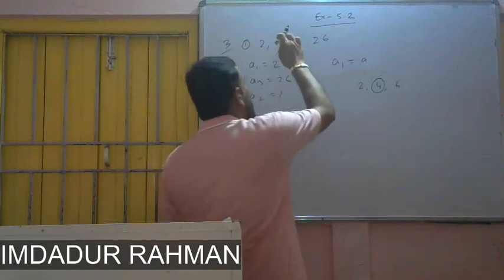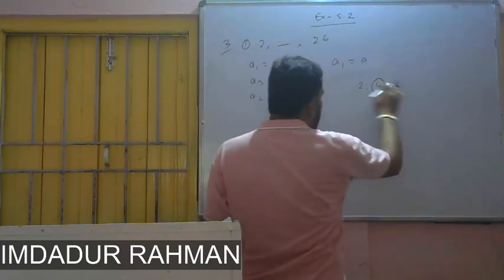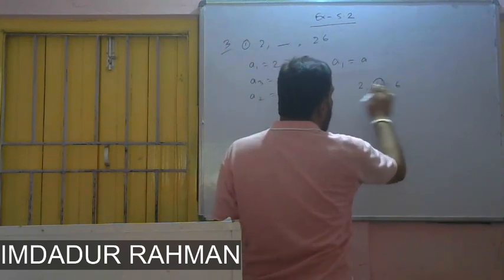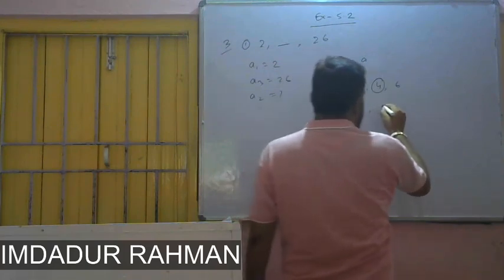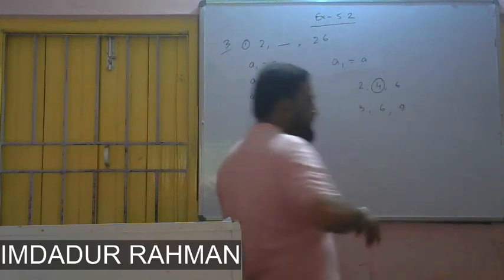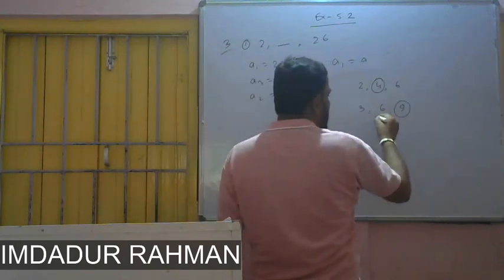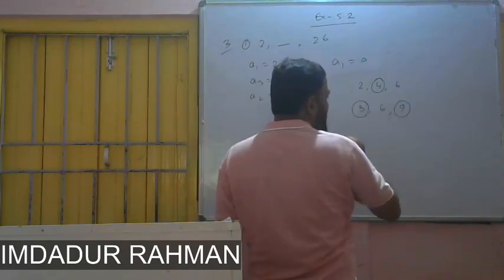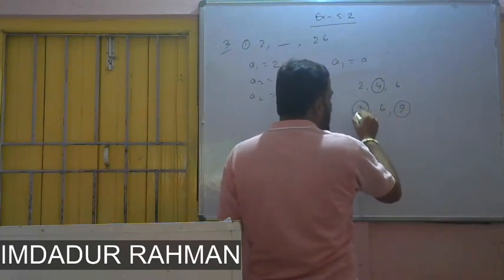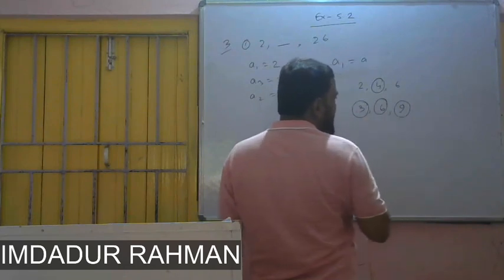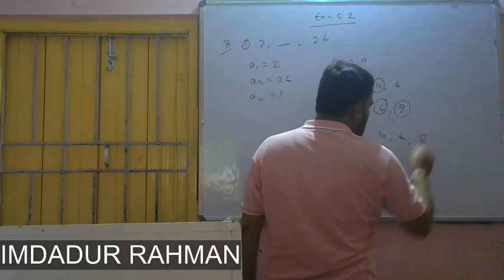If it is an AP series, then the third term minus the second term is equal to the second term minus the first term. Like this, 3, 6, 9. Like this, 2, 4, 6, 8.